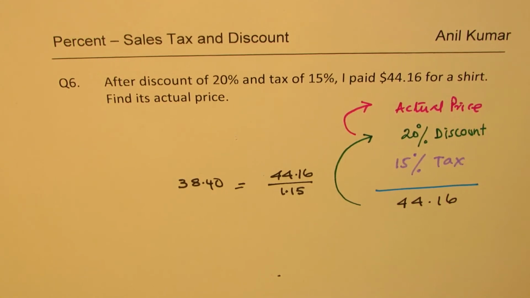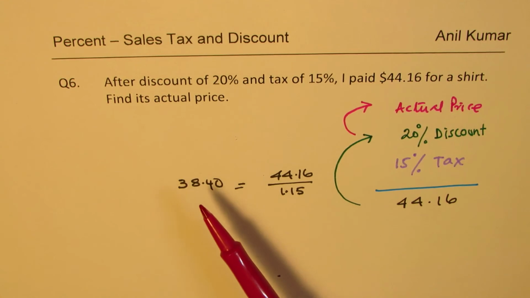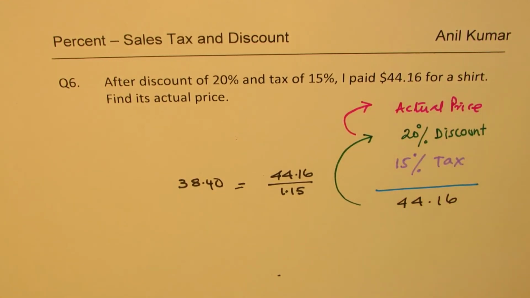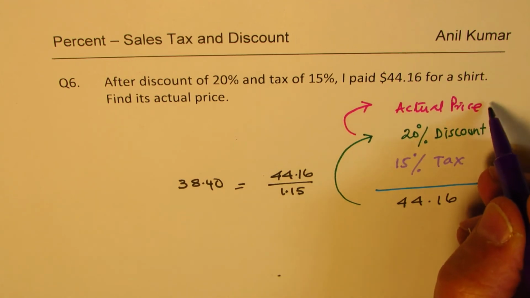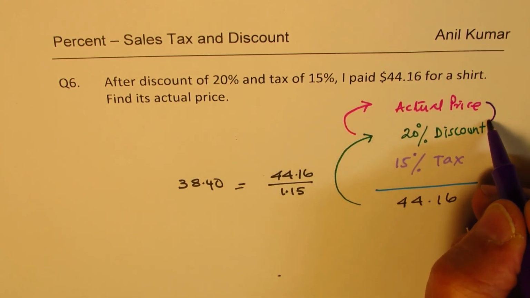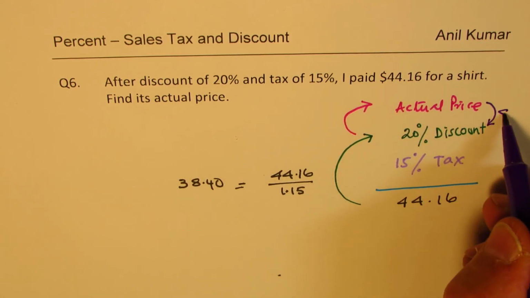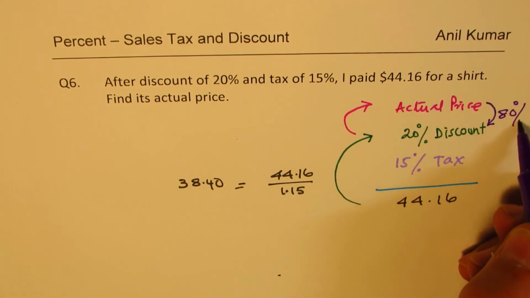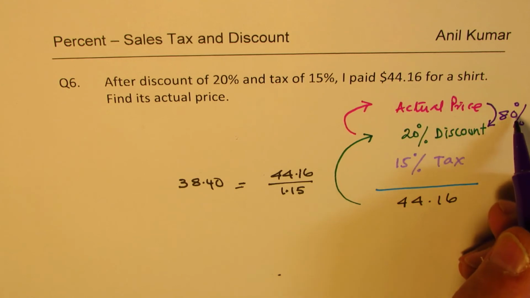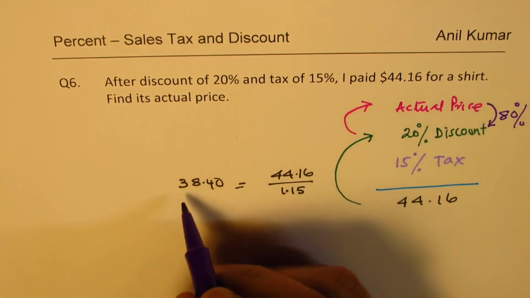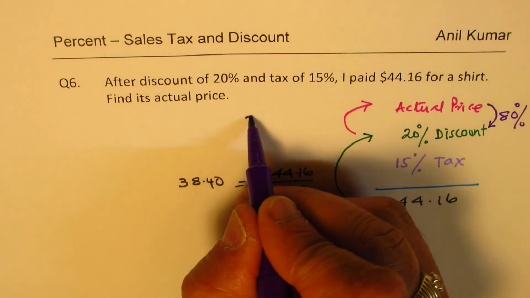So I hope you got your answer. Now think like this. When from actual price you came to the discount, what did you do? You did not pay 100%. You paid 80%. 20% discount means you paid 80%. So when you go back, you have to divide by 0.8.